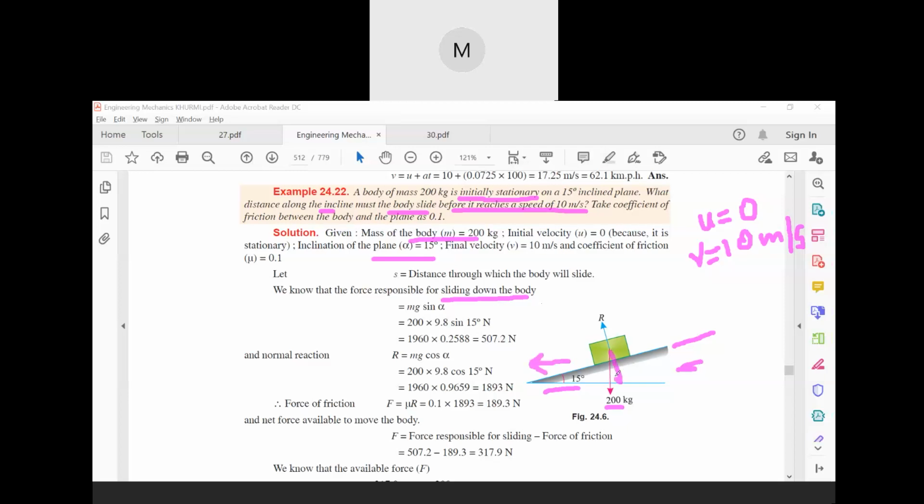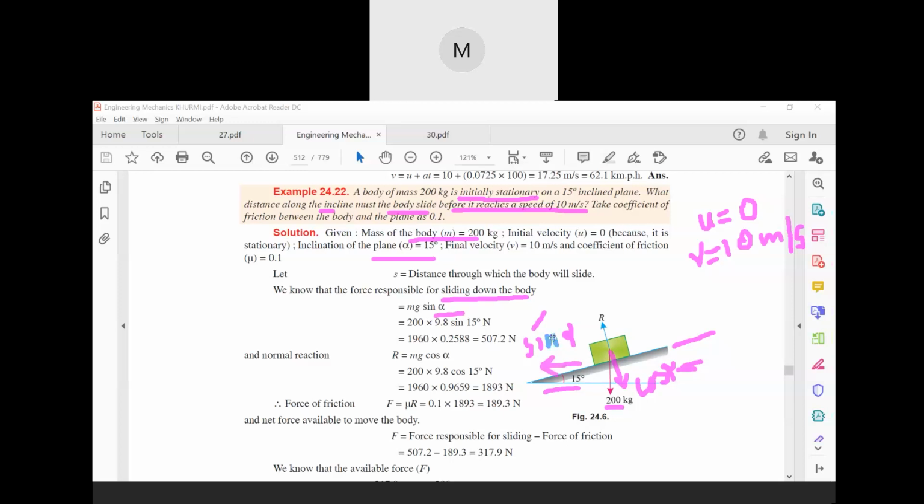Now what happens? This one is the cos alpha component, and here it will be the sin alpha. Now if the body is sliding down, then we are having the sin alpha component because of this component.